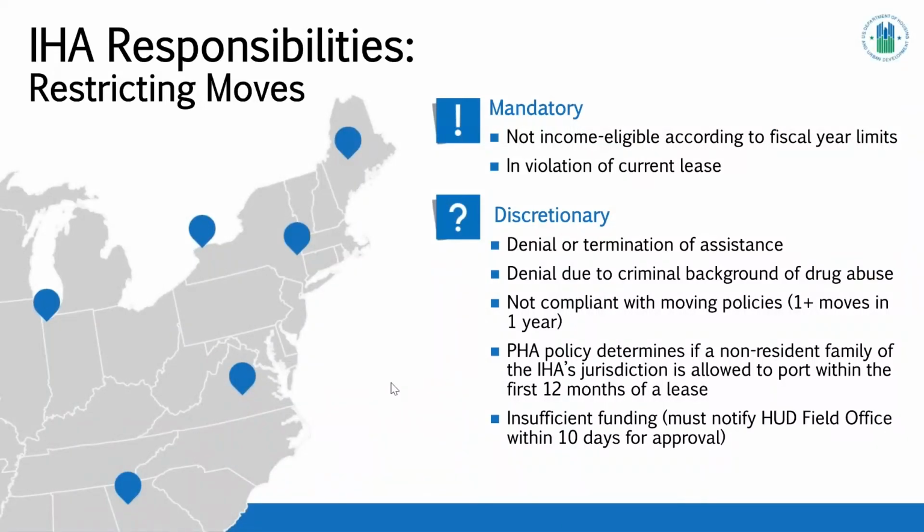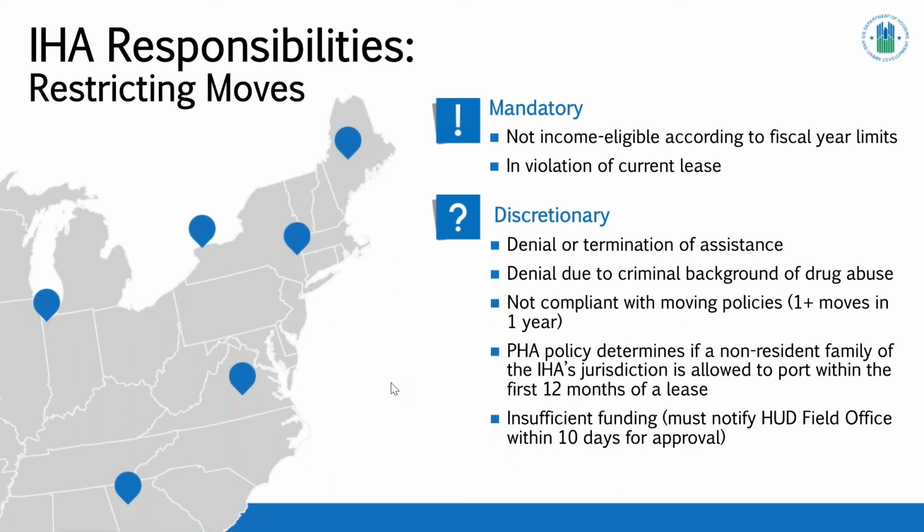The PHA may have a policy of discretionary move restrictions, and some examples would be if the family breached an agreement with the PHA to pay any amounts owed, the PHA may decide to either forgive the debt, depending on what it was, or, of course, restrict that move.